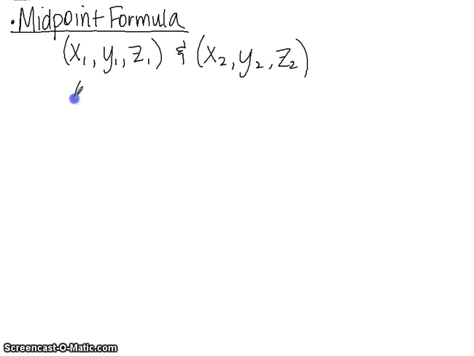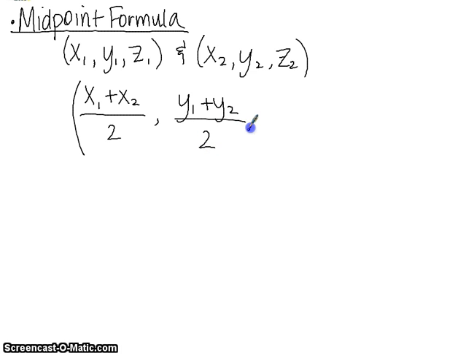The midpoint, we take the x's and add them together, divide by 2. Then we take the y's, add them together and divide by 2. That's the one that you know. Only now we're just going to continue on with the z's. Add them together, divide by 2.